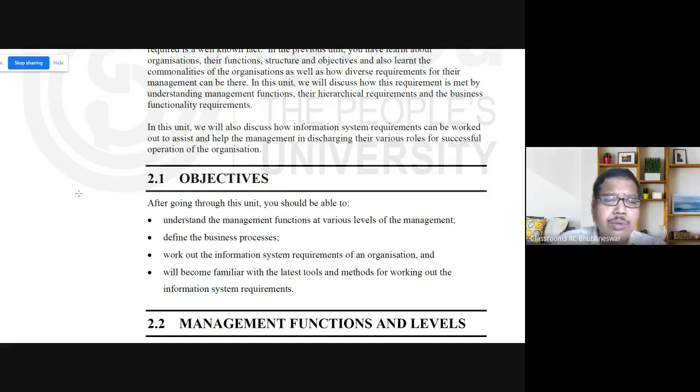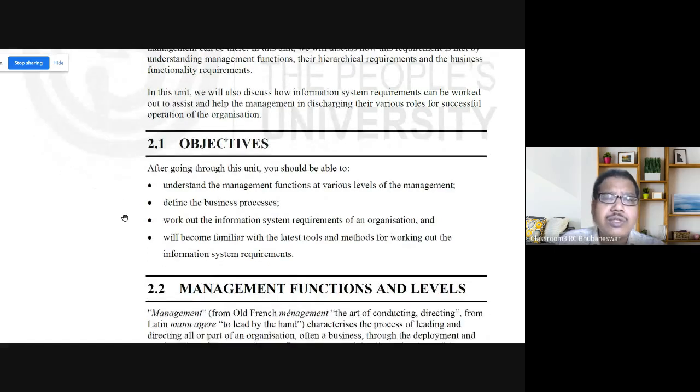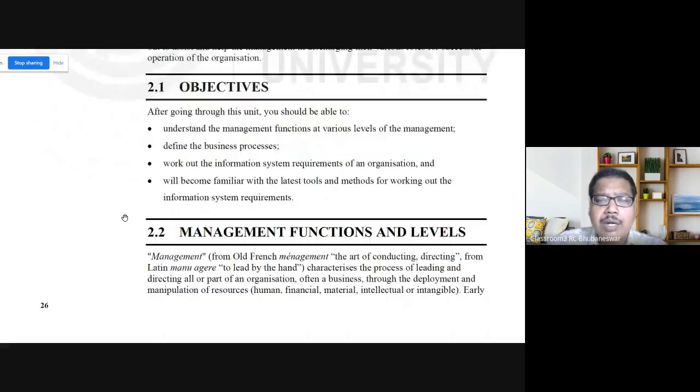Then finally come the methods you are going to make use of. It can be a bottom up approach to gain the information, or a top down approach, whether you go for horizontal slicing of information or vertical slicing of information. What kind of method you use also makes the system more foolproof with respect to management functionality. And then we can decide what kind of levels we can go for.